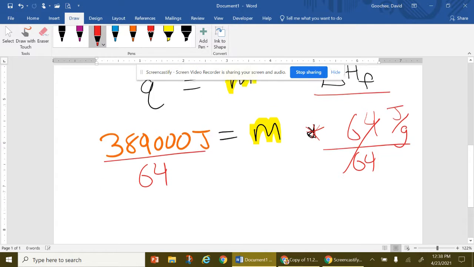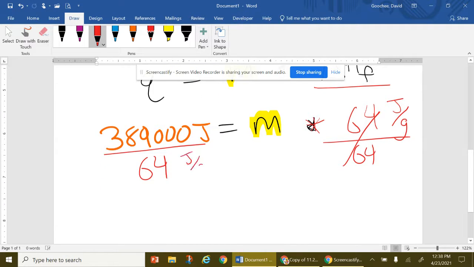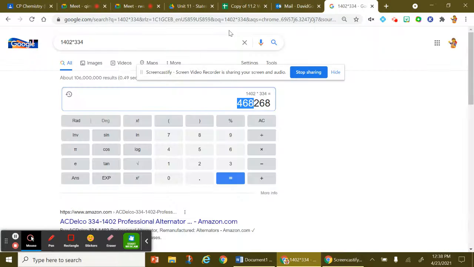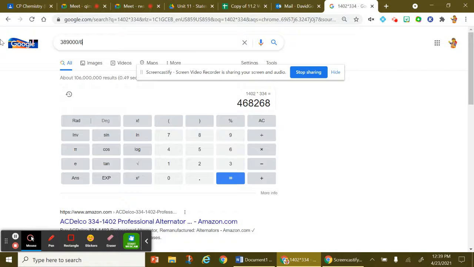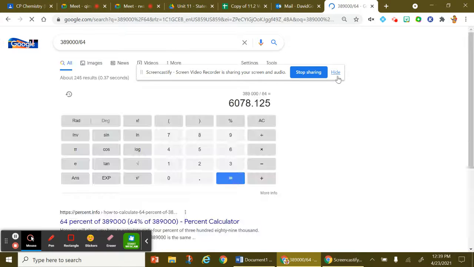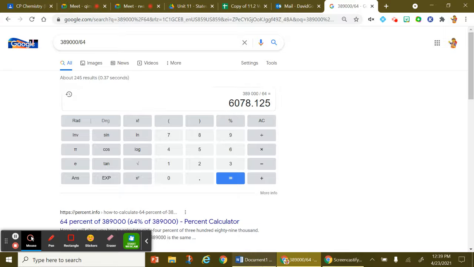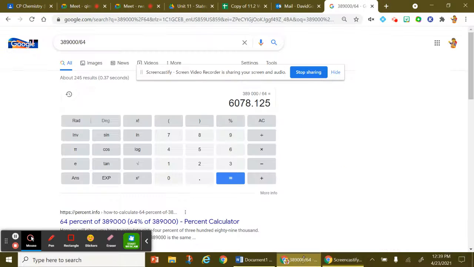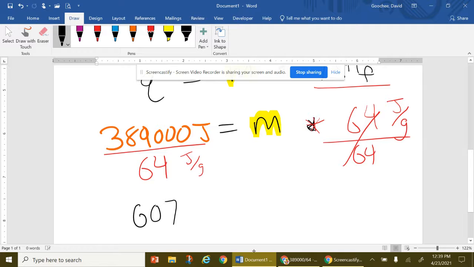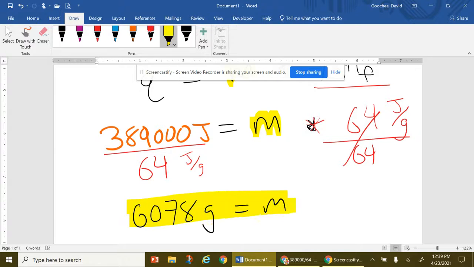So the mass of gold that we can melt with this energy is 389,000 divided by 64, and we could melt 6,078 grams of gold. That's how much gold we can melt with that given energy.